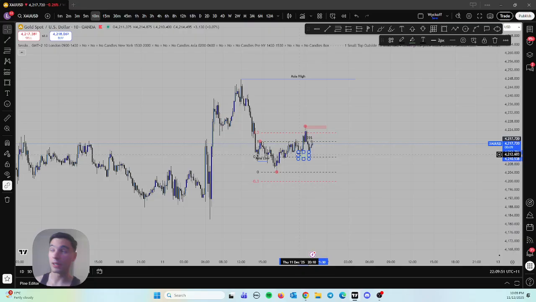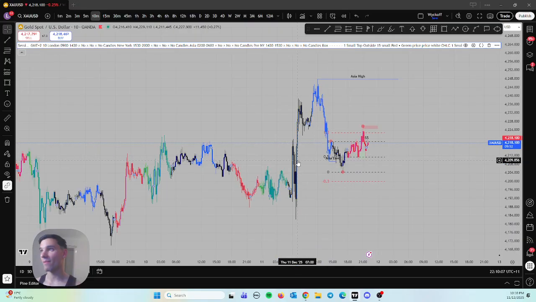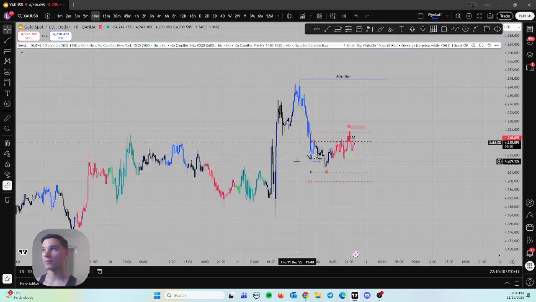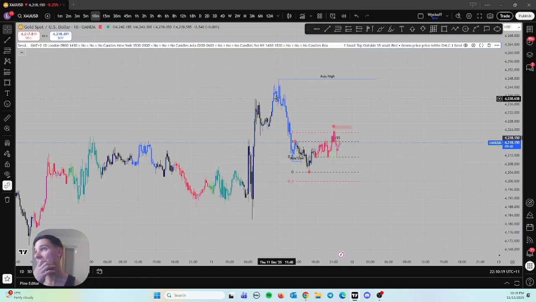But you know what, let's look slightly bigger picture. These have been taken. All these Asian lows have been taken. So it's interesting what price will do.